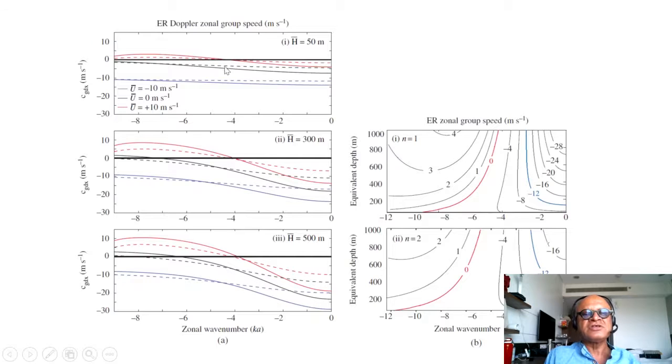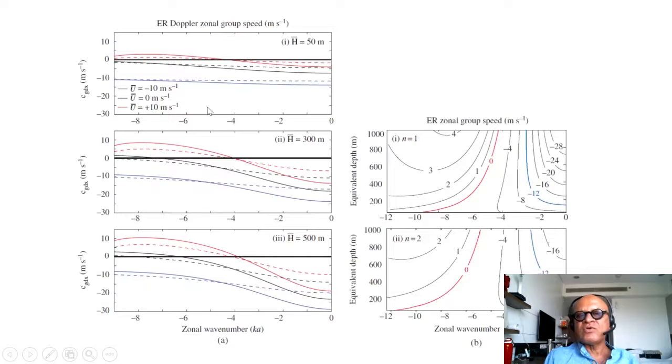So you can see that this zero crossing here is shifting, is it shifting? Well, it's still at approximately the same wave number, but the eastward velocity here is larger. So this is the Doppler shifted group velocity depending on the fluid depth and the background state.